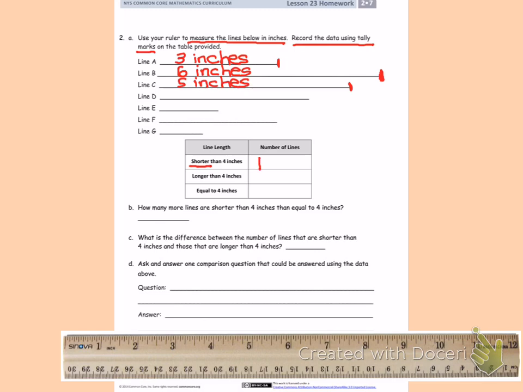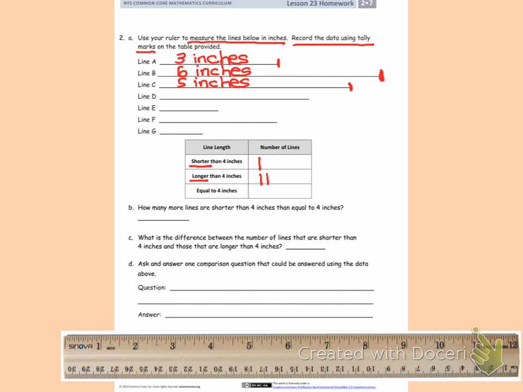Line B is 6 inches. 6 inches is longer than 4 inches, so I'll put a tally mark here. Line C is 5 inches. 5 inches is also longer than 4 inches, so I'll put a tally mark here.